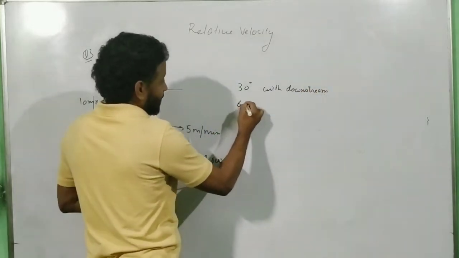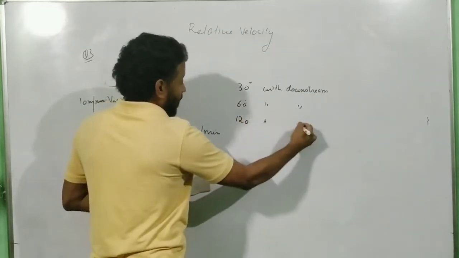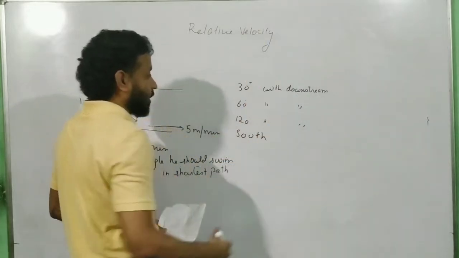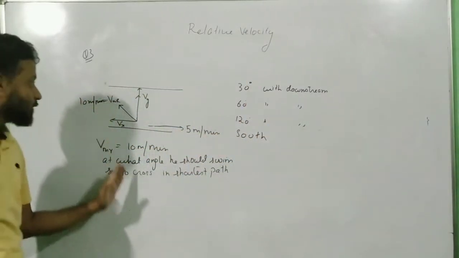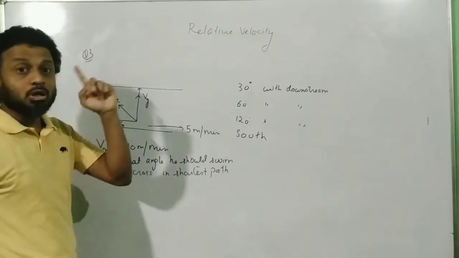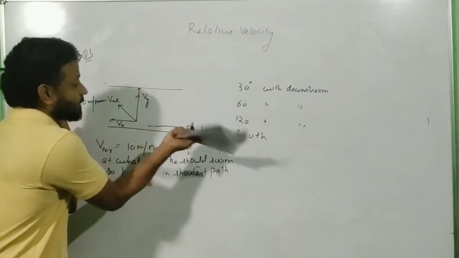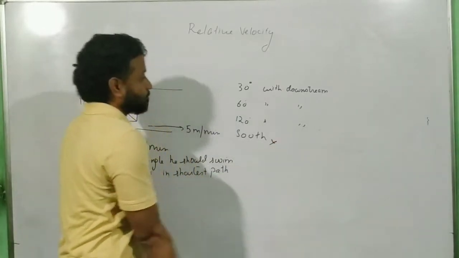Then 60 degree with downstream. Then 120 degree with downstream. Then just swim in the south direction. Just swimming in the south direction is wrong, because that will cause shortest time. He has to make some angle, because he has to ensure that this drag is getting cancelled out.